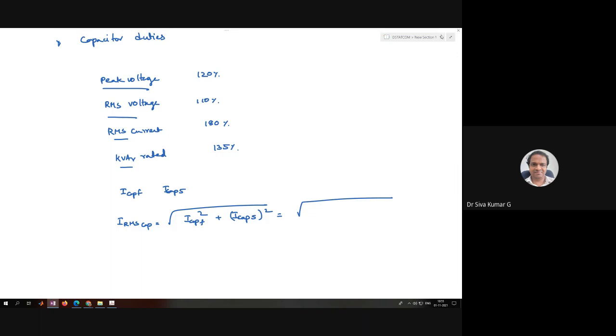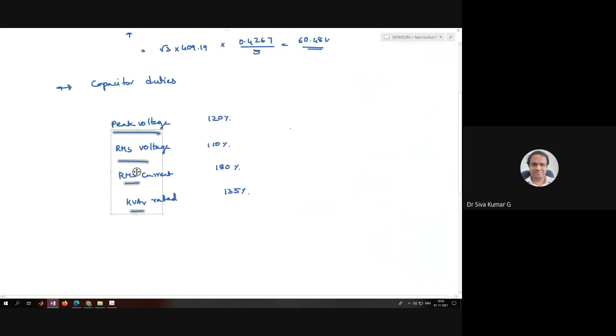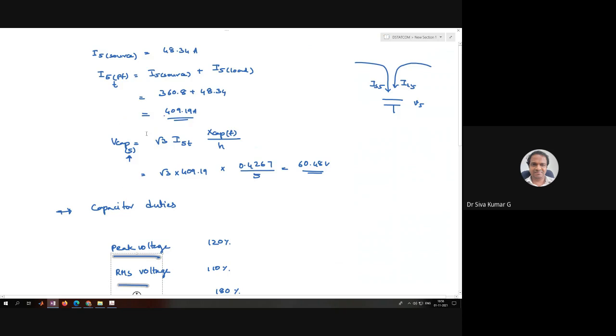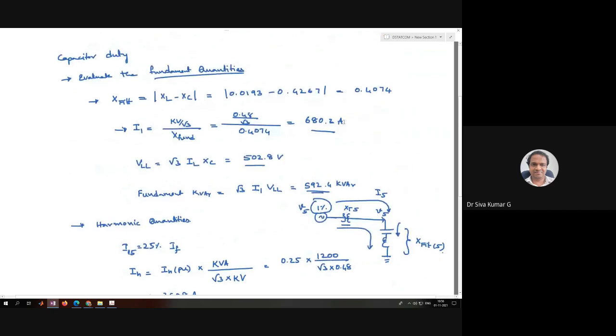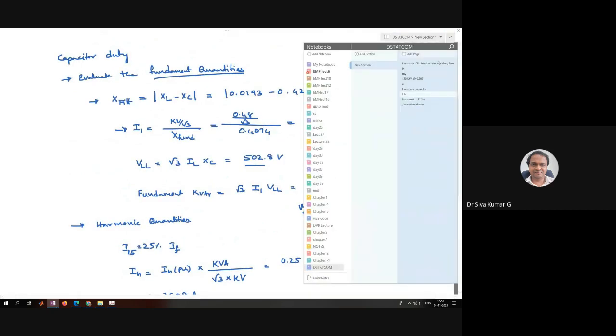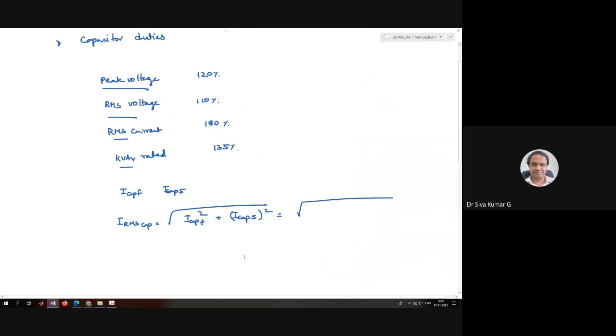How much is the fundamental current which we got? Try to remember this particular current, it is about 409 with respect to the fifth. With respect to the fundamental, we got about 680.3. So 680.3 squared and 409.19 squared, we are finding the current, which is about 793.9 amperes.